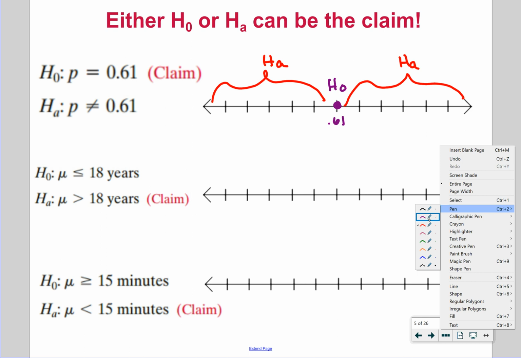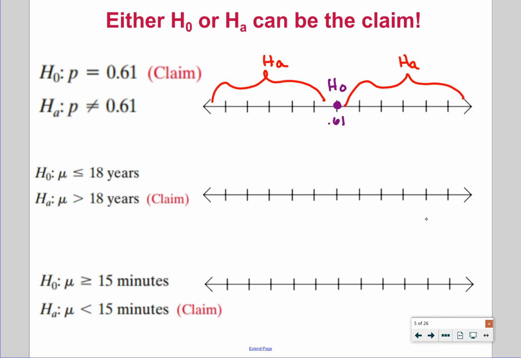Another way the null hypothesis can look, here it's our population mean is less than or equal to 18 years. If I were going to graph that, again, I would choose 18, my solid dot there. And then everything less than or equal to 18 is my null hypothesis.